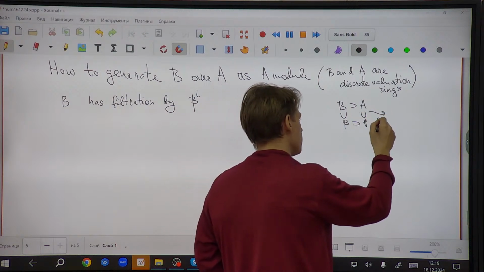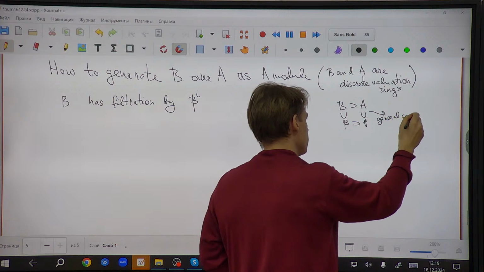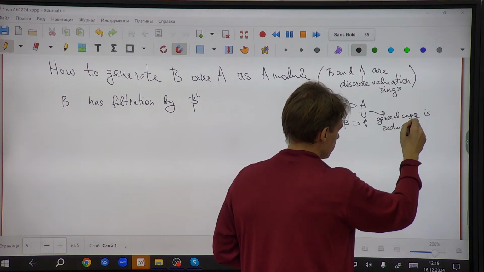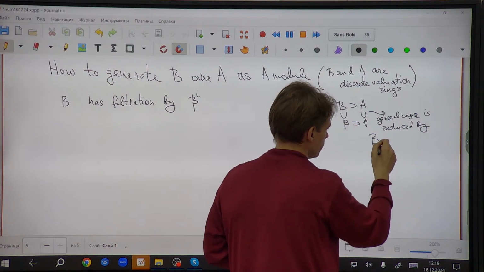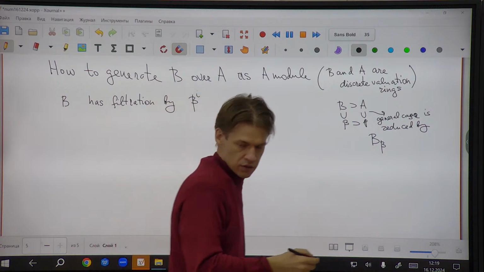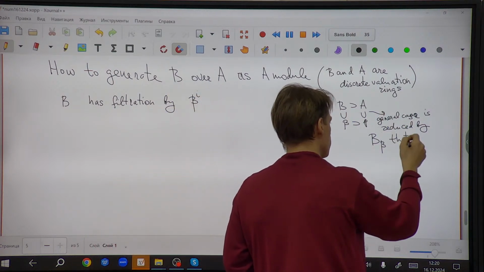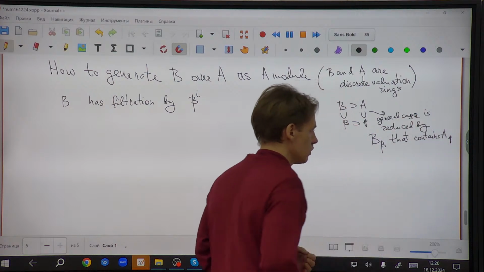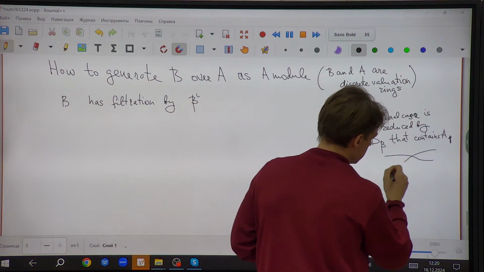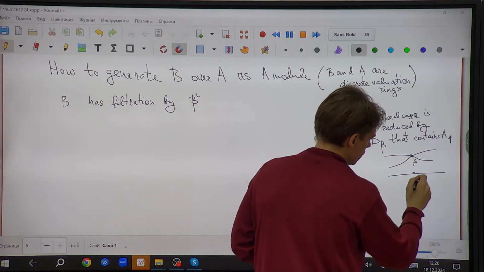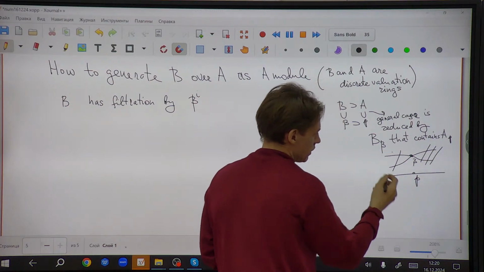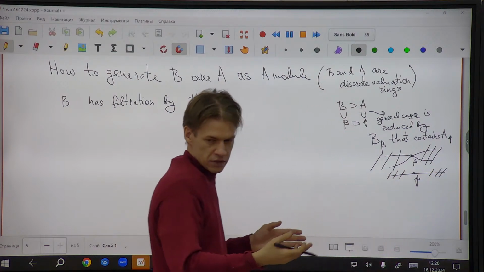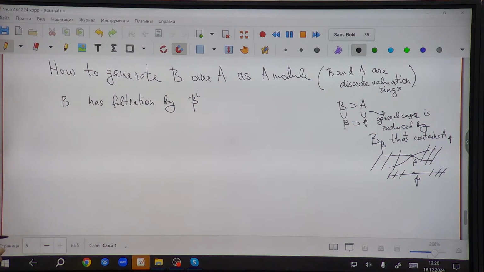The general case is reduced by considering B localized at beta, and this set contains A, and contains the localization with respect to B. From the geometric point of view, this means that localization kills all the ideals that are outside of P, and at the same time downstairs it also kills the ideals that do not project.